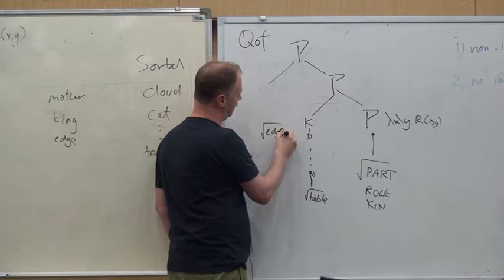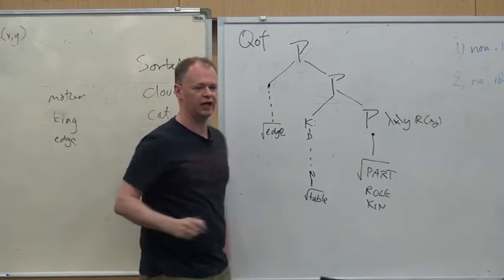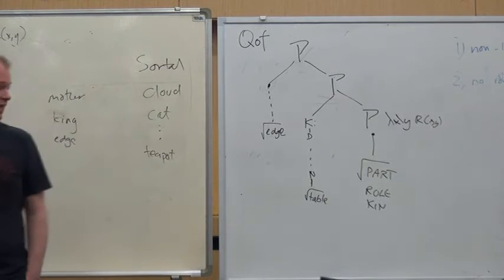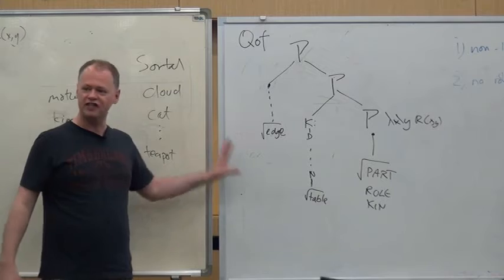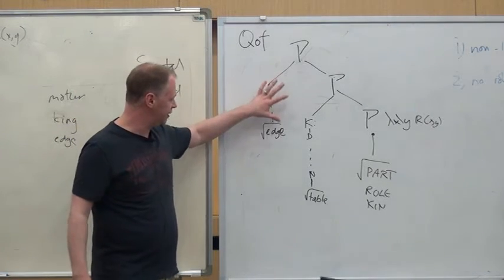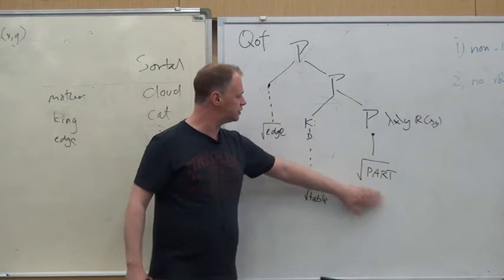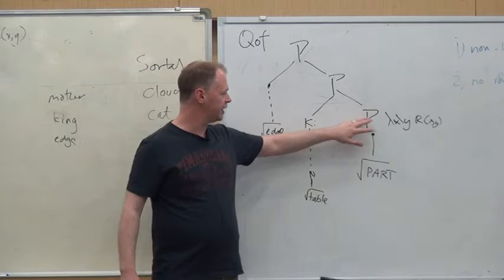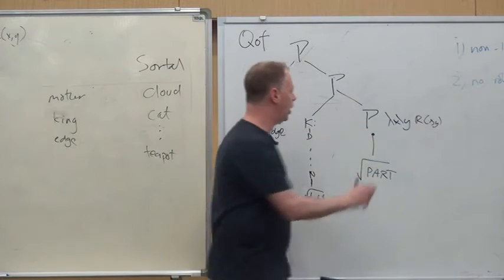And here I'm going to leave open as to exactly how big this is, because that's going to be an open question that we'll come back to in a second. So the analysis then of edge of the table is going to be syntactically that we have some part root projecting one of these kofs. So at this point now we get lambda x, lambda y, edge, part x, y.